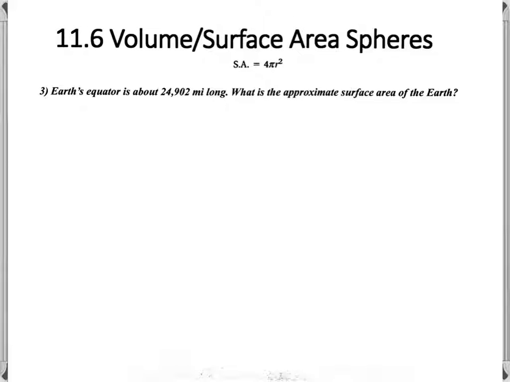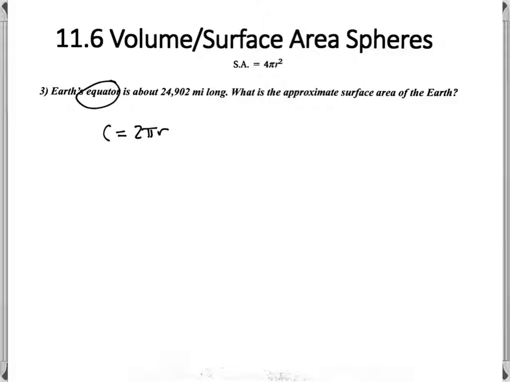Earth's equator is about 24,902 miles long. What is the approximate surface area of the Earth? Well, think of the equator as being the circumference. It's a belt that wraps around the sphere. We should remember that our circumference formula is equal to 2 pi r, or pi times diameter. So let's use 2 pi r in this case.